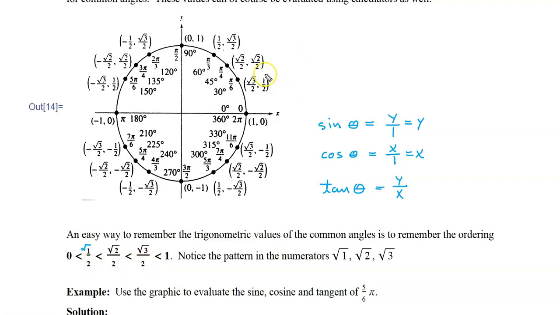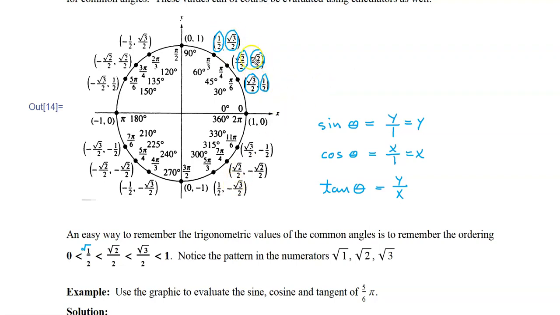So you notice those appear as the y coordinates here, here, and here as we move from 0 to pi over 2. And notice how, as we go from pi over 2 back to 0, the x coordinates do the same thing: 1/2, root 2 over 2, root 3 over 2, like that.